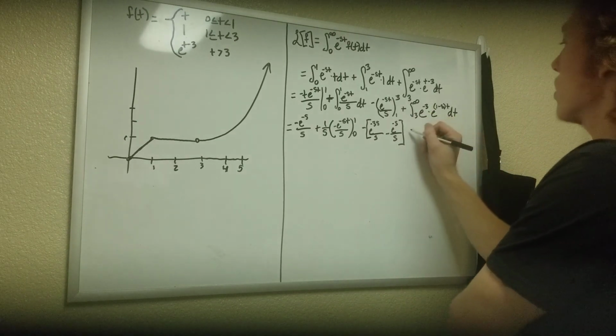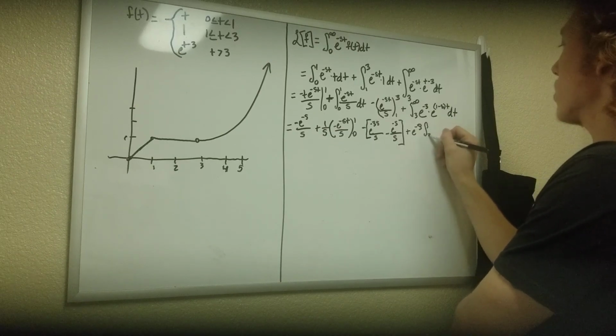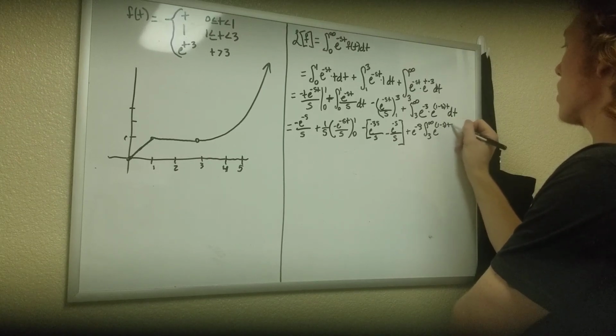And for this integral, we end up with plus e to the negative 3 times the integral from 3 to infinity of e to the 1 minus s t.